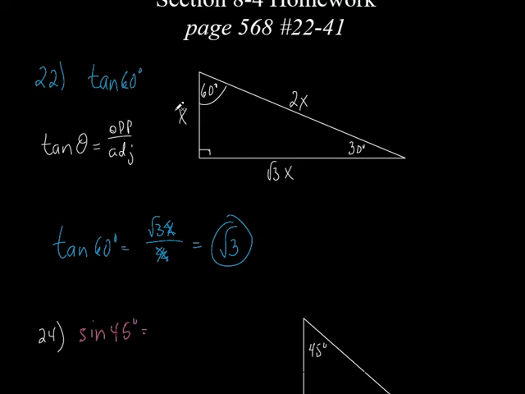That would have been okay, because if you made this 1, this would be 2, twice as big, and this would be the square root of 3 times 1, which is the square root of 3. And if I did the tangent, it would be the opposite over the adjacent, the square root of 3 over 1, which is the square root of 3. So it really doesn't matter. This could be any number at all.